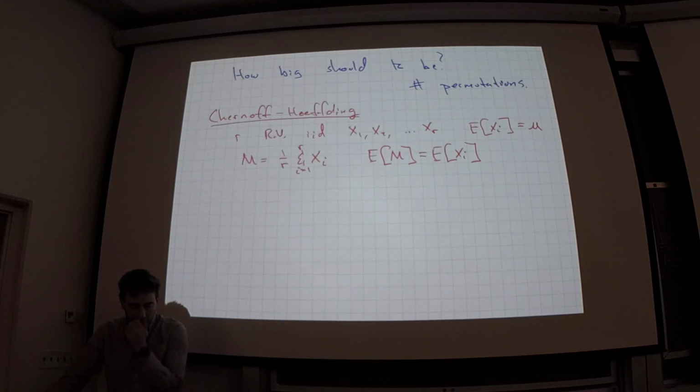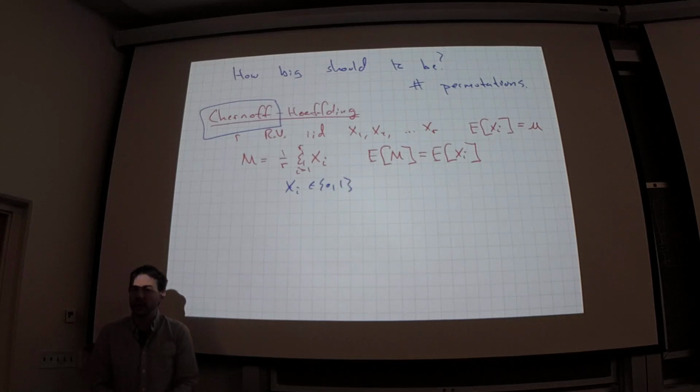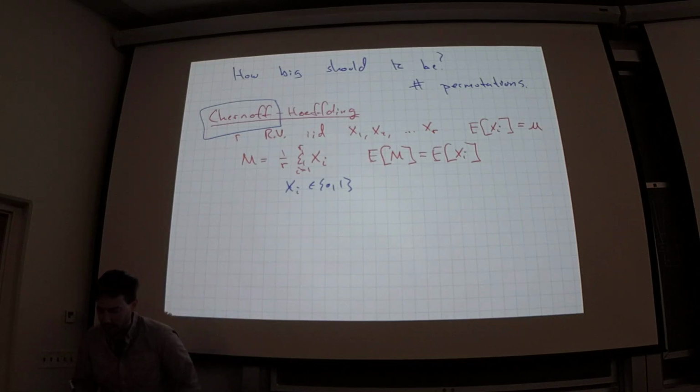And so the Chernoff-Hoeffding bound, well, let's look at just the Chernoff bound here. I'm going to assume that each xi is going to be 0 or 1, which is the case that we're in right now.